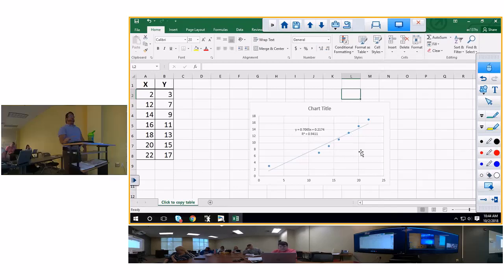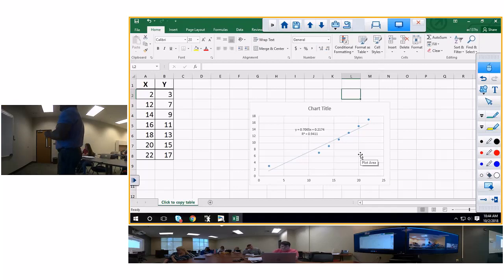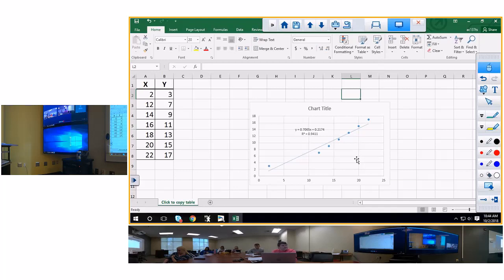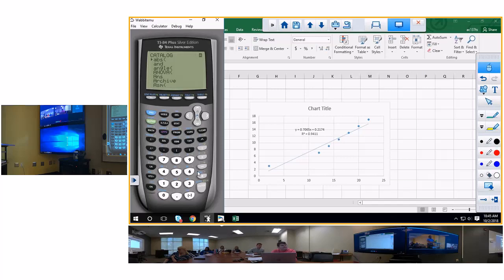There's the formula, the equation: y = -0.7065x + 21.2174. Did somebody do this on your calculator? Okay, on your calculator, you type it in and it should give you this information. I'm going to tell you what to do if it doesn't. Go to your handy dandy calculator, turn it on first, type in second 0, which is your catalog.